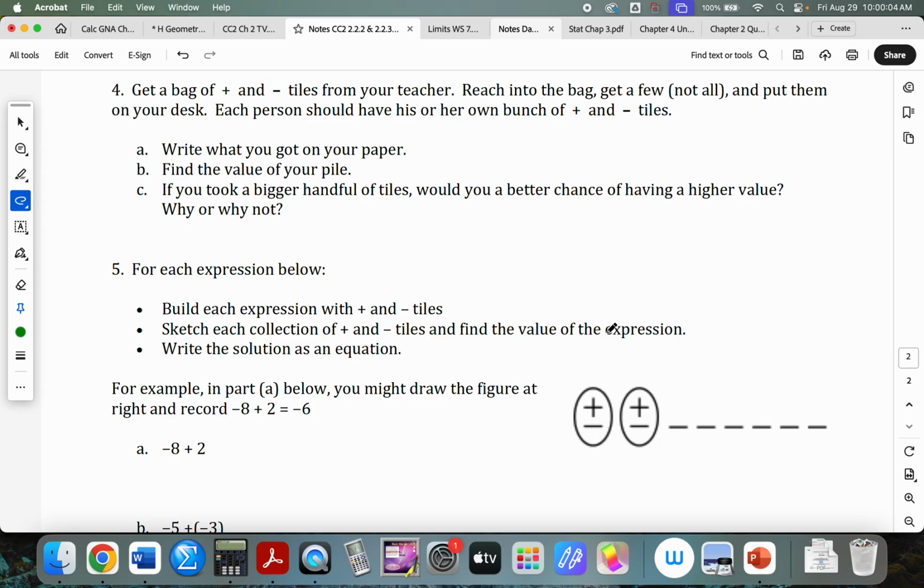So reach in, grab some, draw it on your paper. Find the result. Didn't realize I had this many in there. You gonna grab a few more?